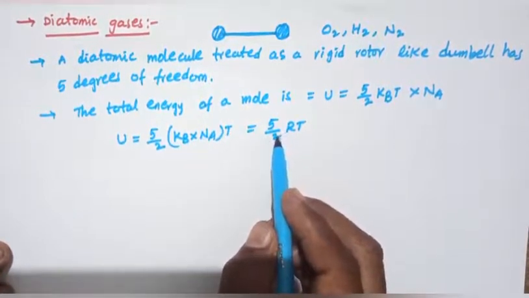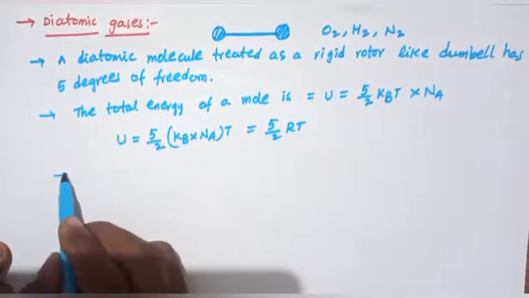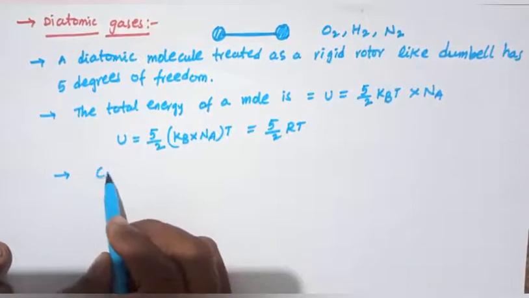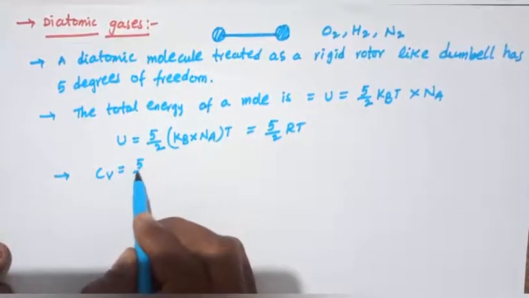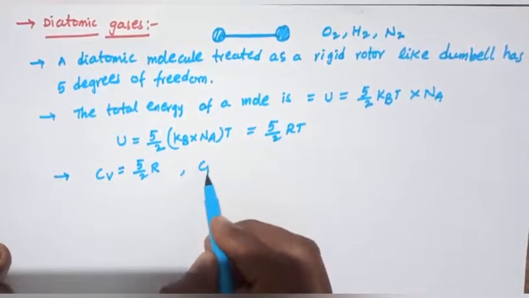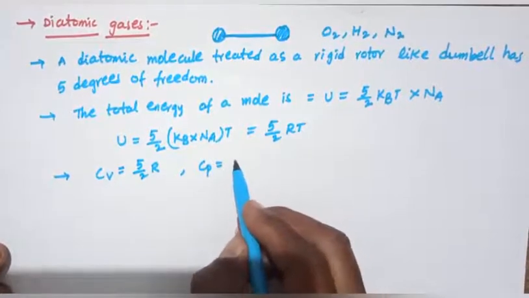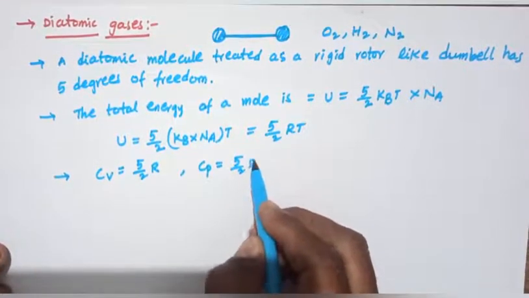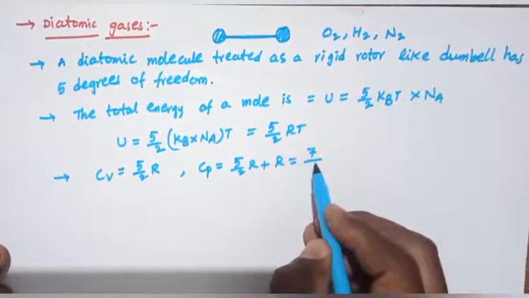At constant volume, Cv equals 5 by 2 R and Cp equals Cv plus R, that is 5 by 2 R plus R, which equals 7 by 2 R.